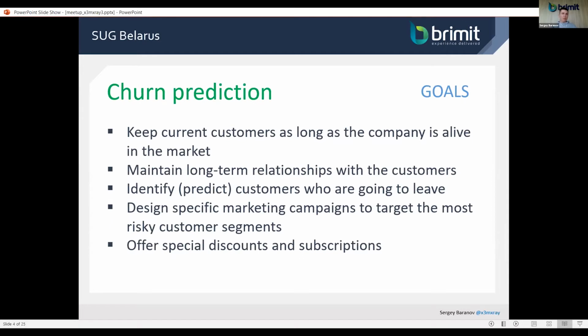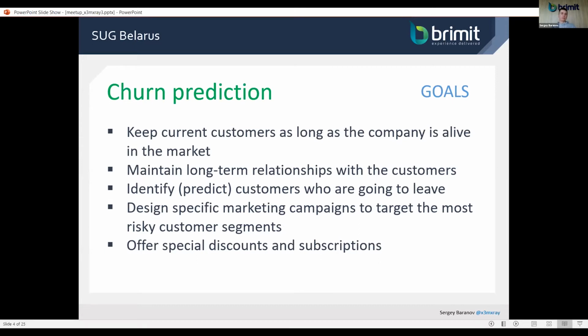Okay, what are the goals of churn prediction? Almost all companies want to keep their customers as long as they can and to maintain long-term relationships with them. The main target of churn prediction is to identify customers who are going to leave our services.